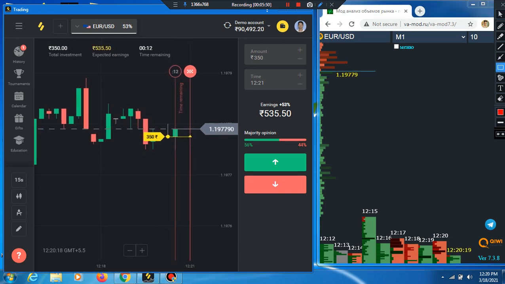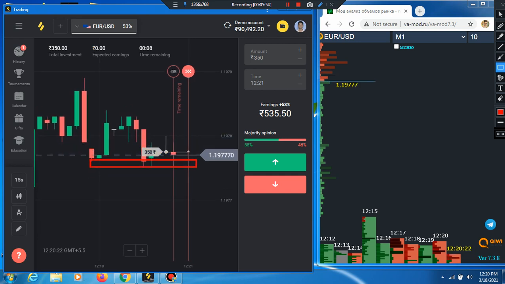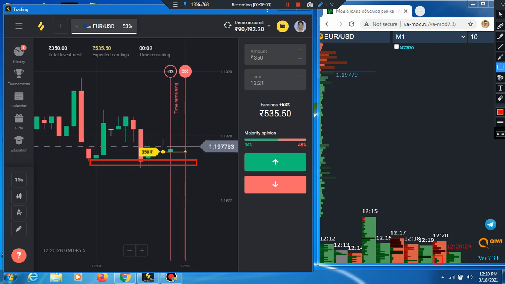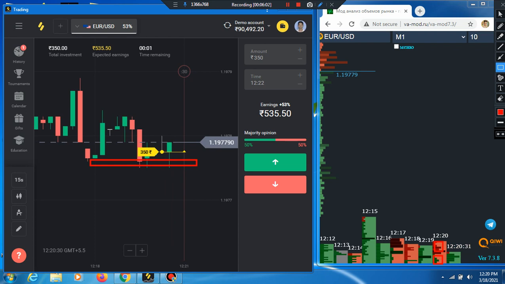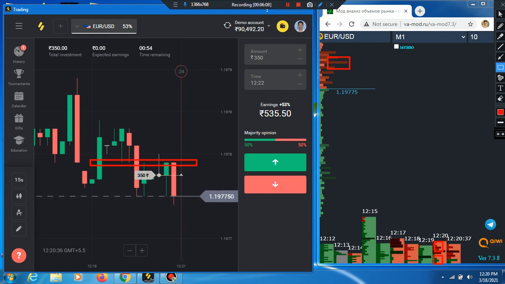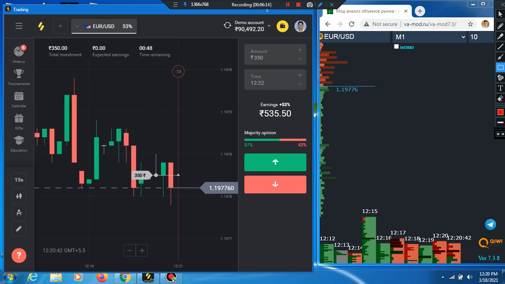Look here, there is support, and low volumes and high volumes are formed here. The price is always like a magnet where the high volumes are forming. That's why I'll go with buyers from this level. See what happens.